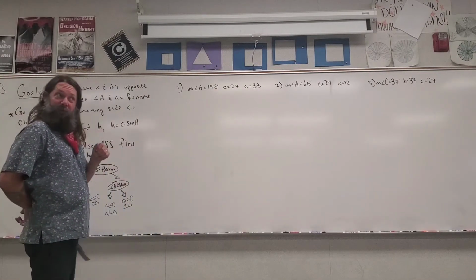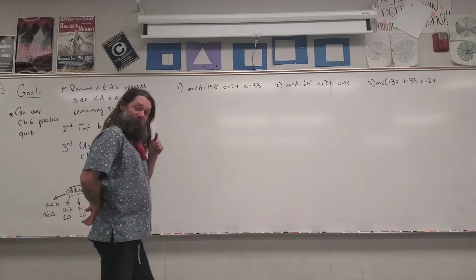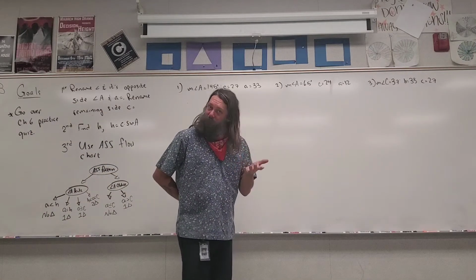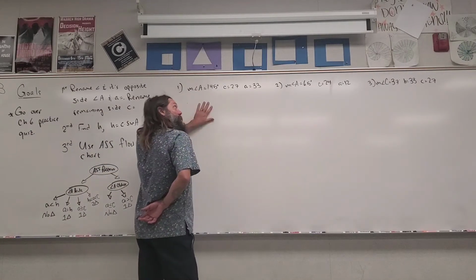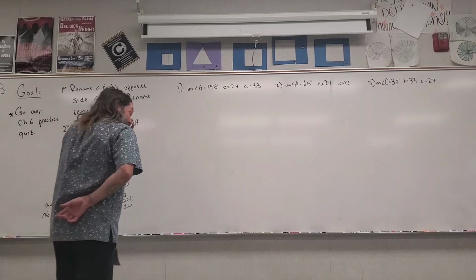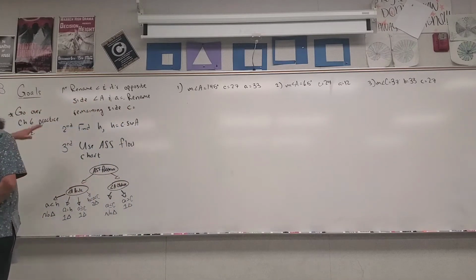The directions for problems 1, 2, and 3 were to determine the number of possible triangles given this angle measure and the two side lengths. And we actually do have 3 steps in order to determine how many possible triangles we will have.